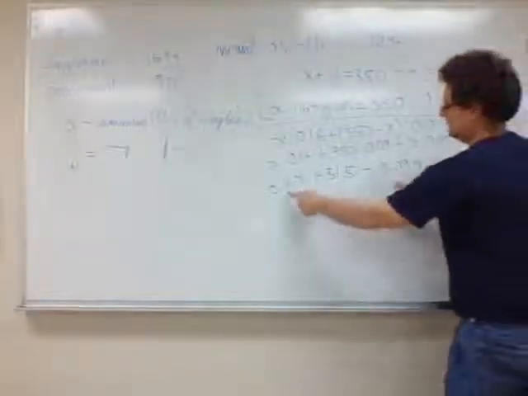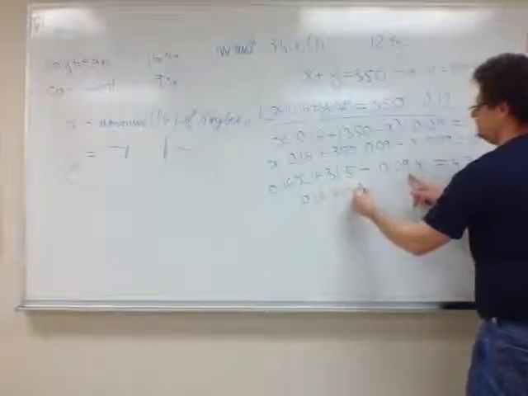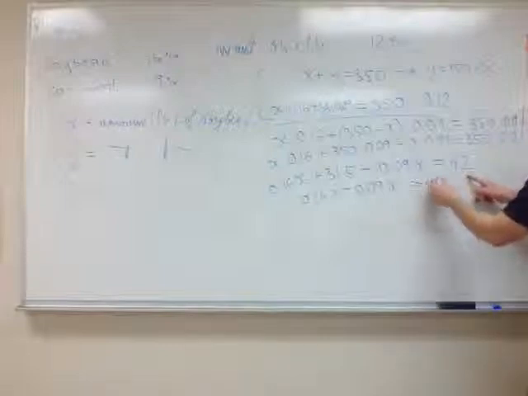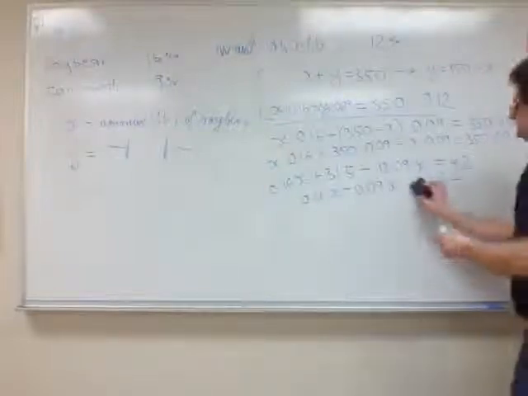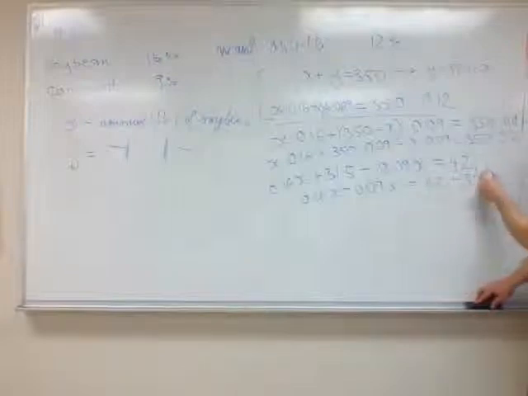So I have 0.16x minus 0.09x is equal to 42 minus 31.5.